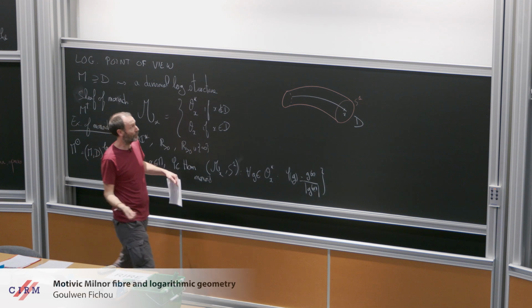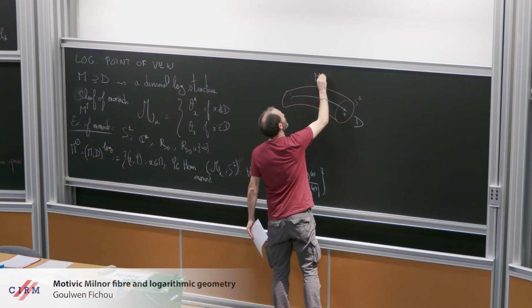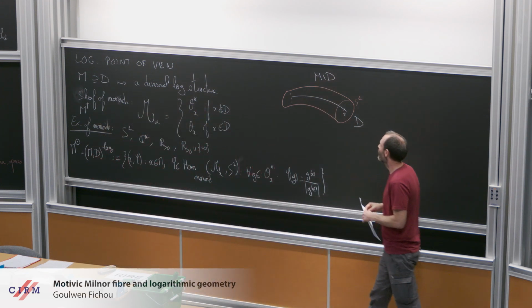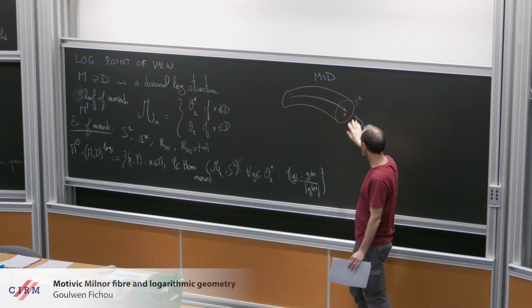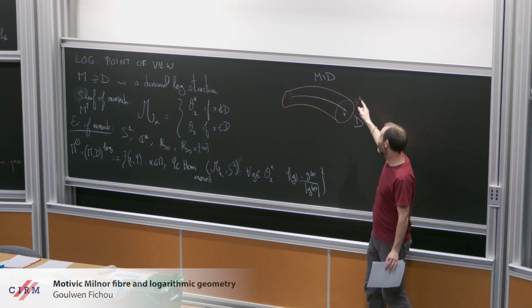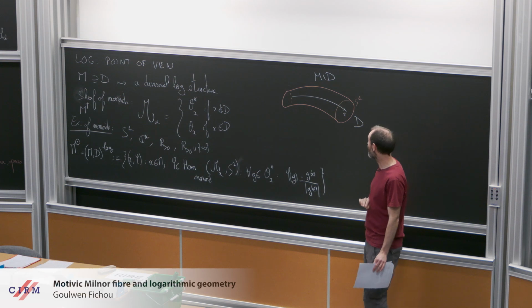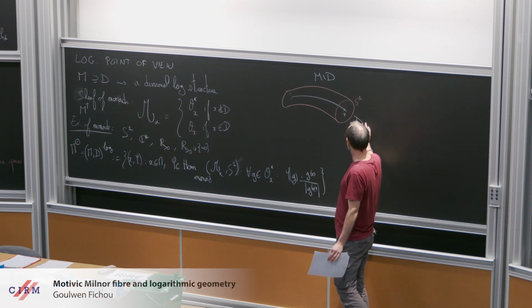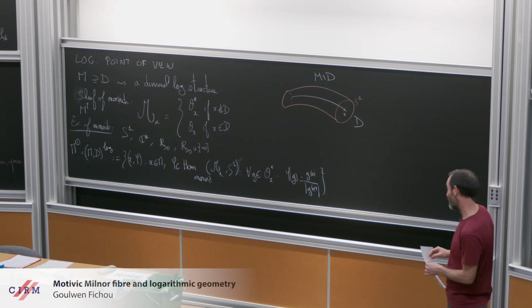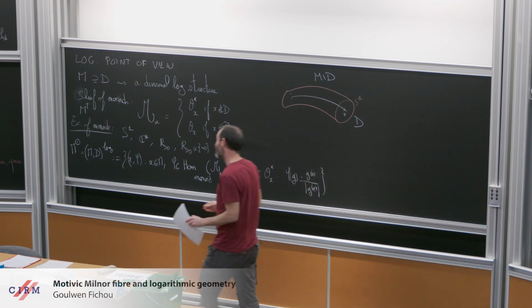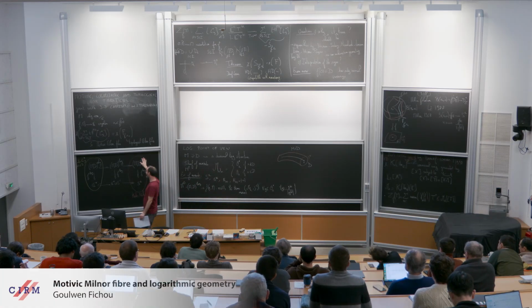Outside, that's just M minus the divisor. So you see this tubular neighborhood that Patrick discussed, but of course there is nothing inside the tubular neighborhood. So you have replaced M by this boundary of a tubular neighborhood. So that's this space.